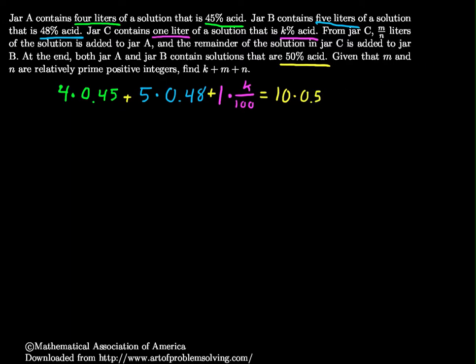And we'll work this out, so 4 times 0.45 should give me 1.6 plus 0.2, 1.8.